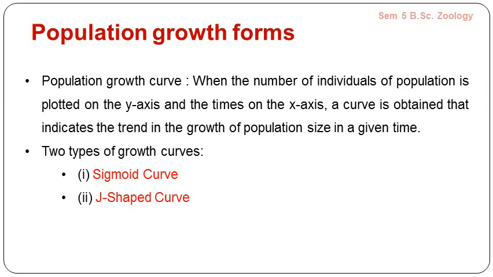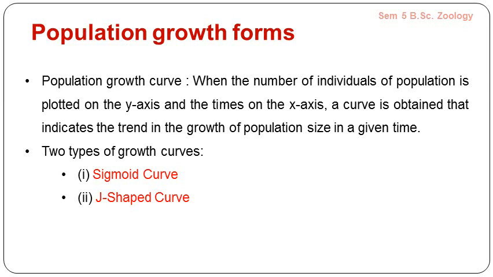Such a curve helps in studying the trend in population growth along a period of time. So the growth is dynamic. So population dynamism can be studied, and the specific growth of a population can be represented by the population growth curve.